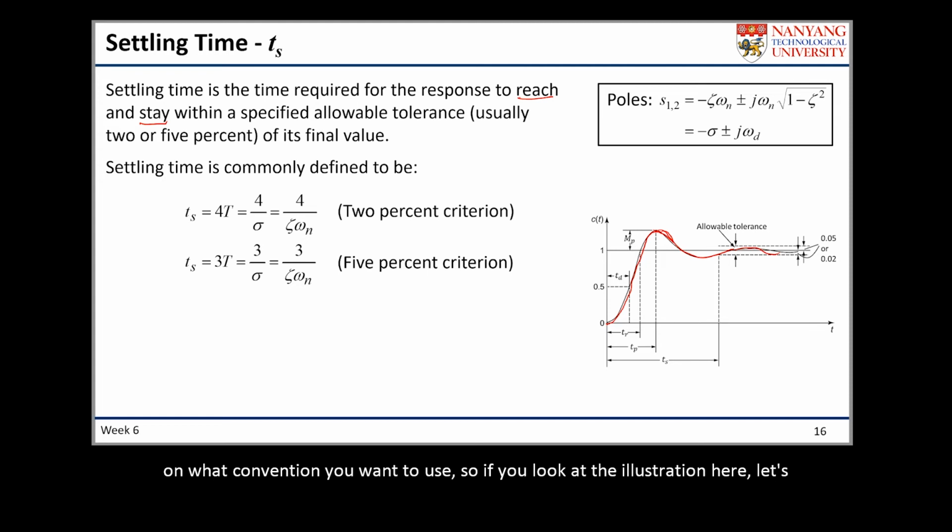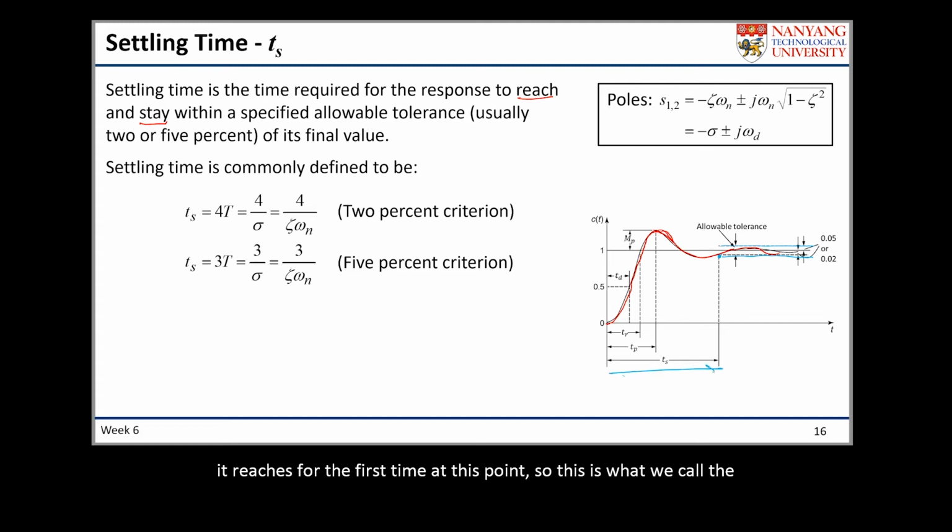If you look at this illustration, let's consider that this is the window I'm referring to. The response reaches within the window and stays within that window forever, but it reached it for the first time at this point.